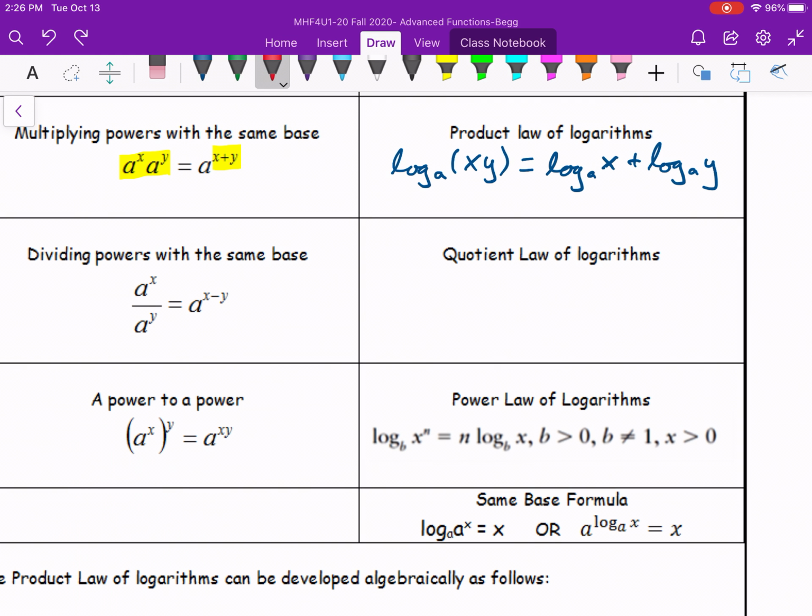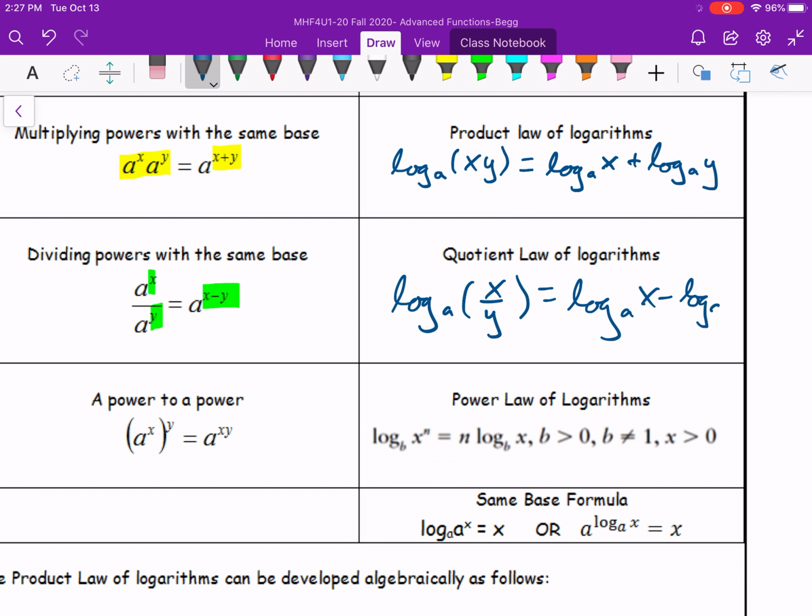And for exponent laws, we could divide, and if we divide two powers with the same base, we end up subtracting the exponents. So again, if we're going to divide logarithms, then we're going to end up subtracting the logarithms. Like that.